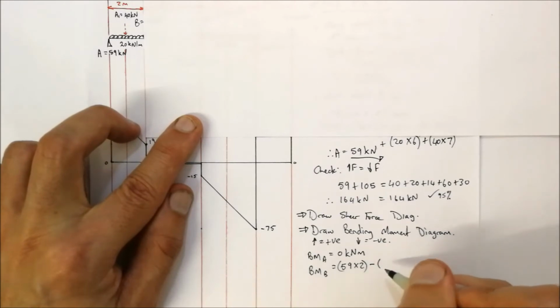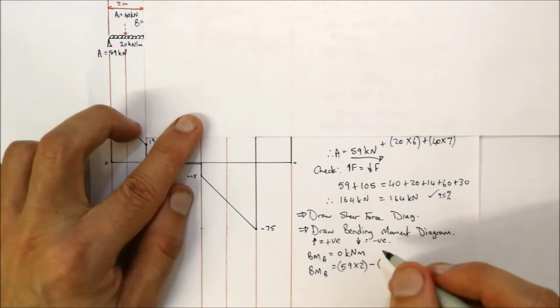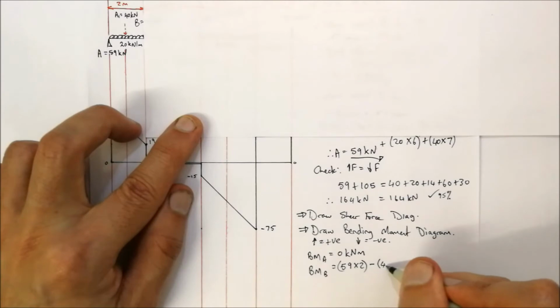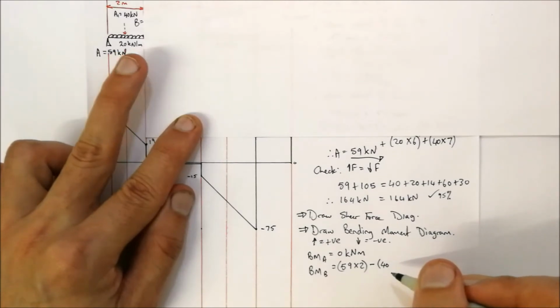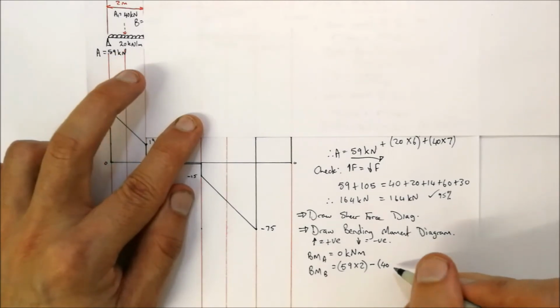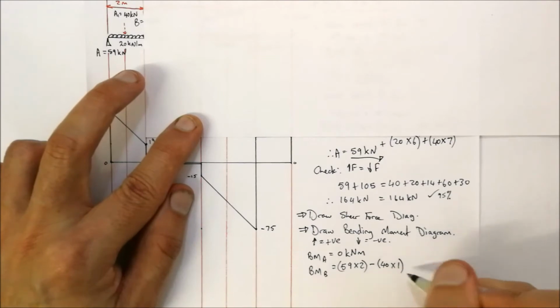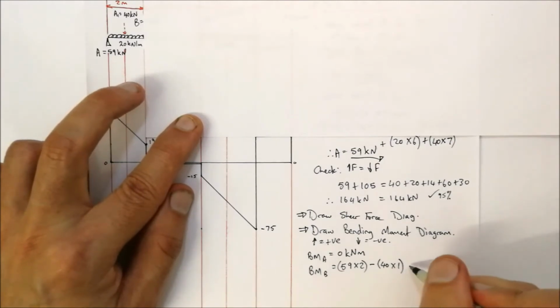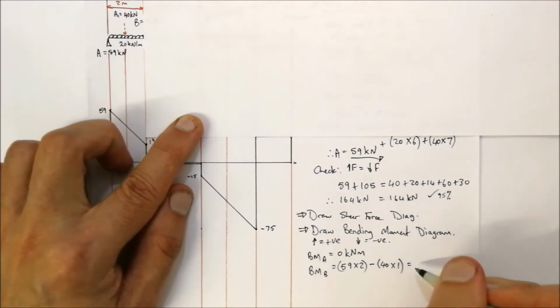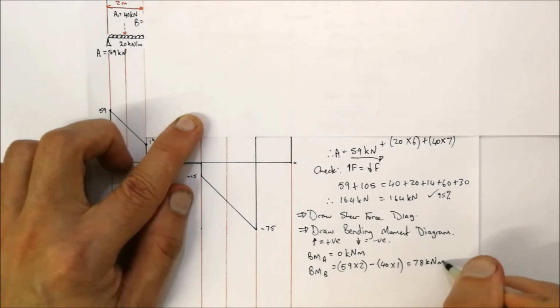So that's minus 40 kilonewtons, and how far is it away from B? Well, it is 1 meter away. We do that calculation, and that's equal to 78 kilonewton meter.